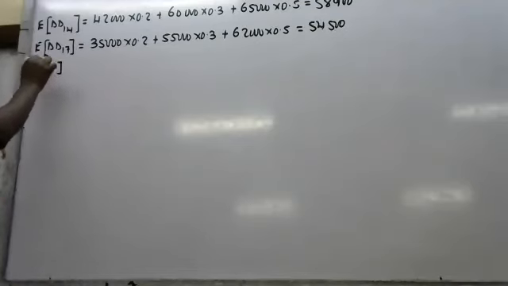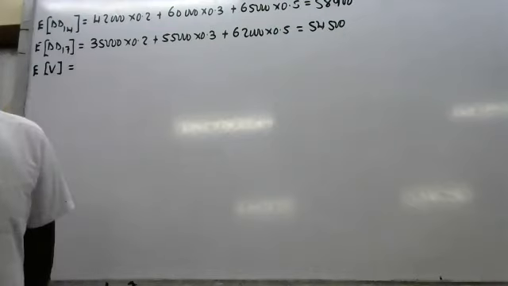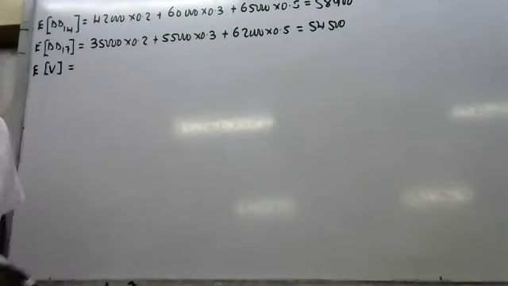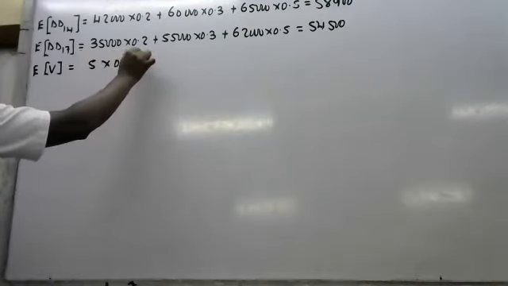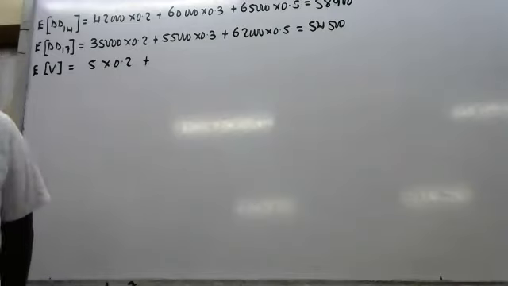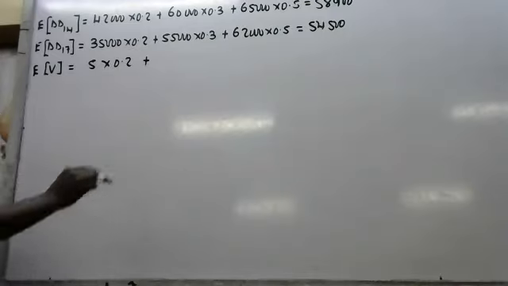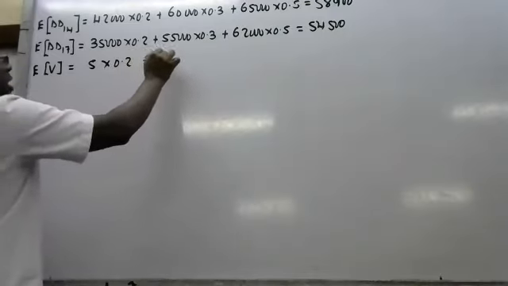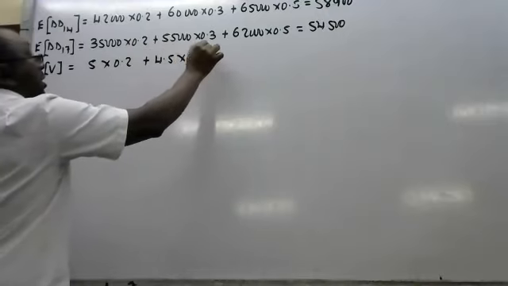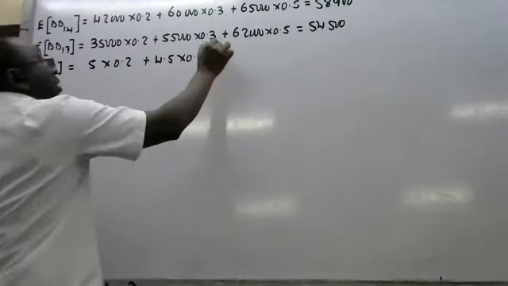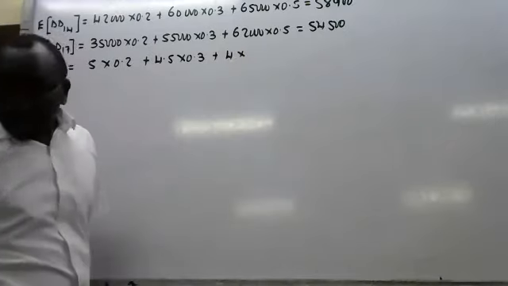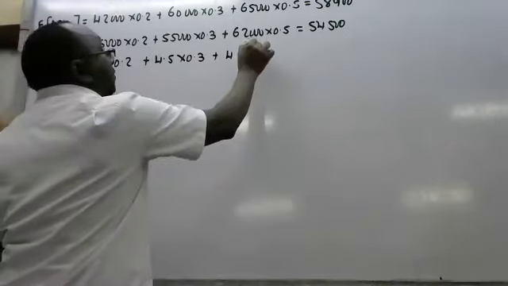The expected V: you can see there is a likelihood of 5 with a probability of 0.2. There is a likelihood of 4.5 with a probability of 0.3. There is a likelihood of 4 with 0.5 chance.